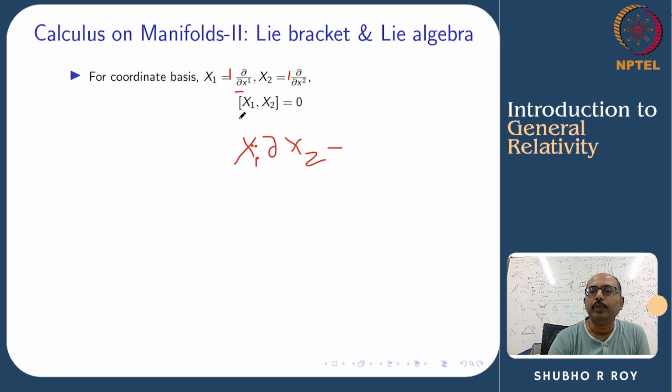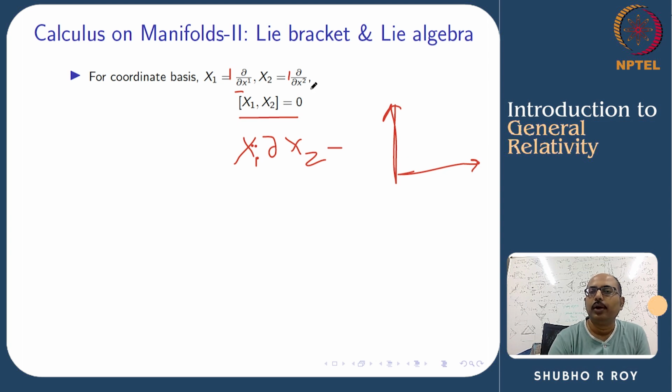So the Lie bracket will turn out to be 0. Now remember, del x1 and del x2 are nothing but the tangents to the coordinate axes, the x1 axis and x2 axis, right?